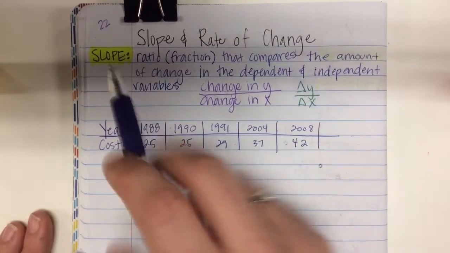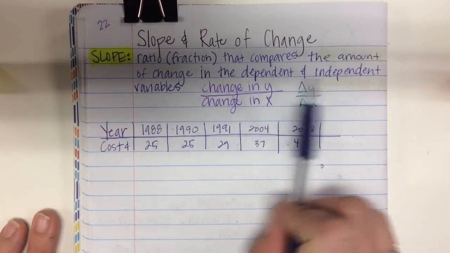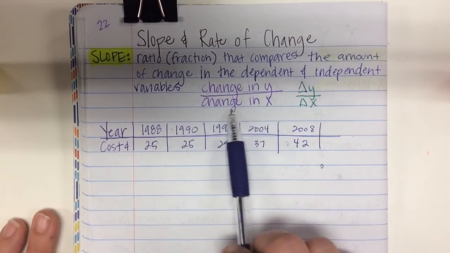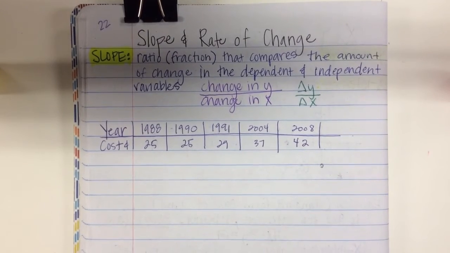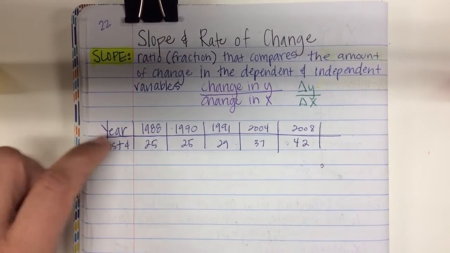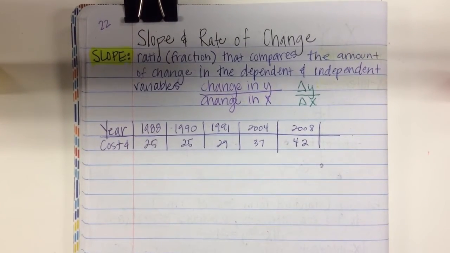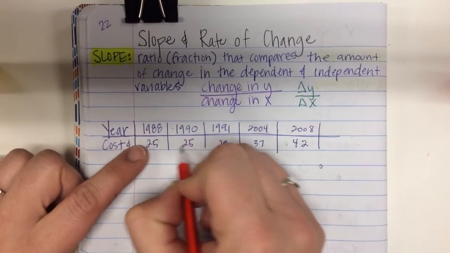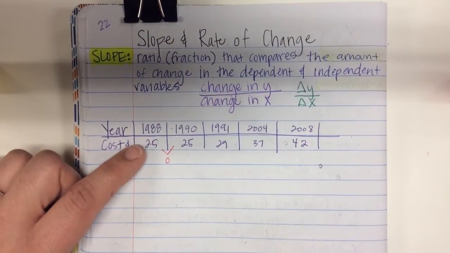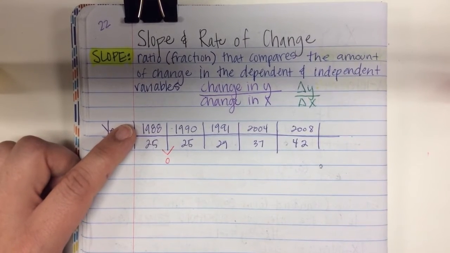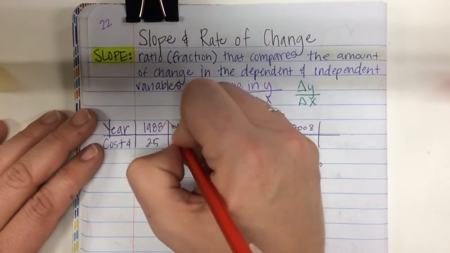We can find the slope, or the ratio that compares the amount of change in the dependent and independent variables. The change in y over the change in x. Delta y over delta x. In any table, the first value is the x value, the second value is the y value. So what's the change from 25 cents to 25 cents? 0. What's the change in the x value from 1988 to 1990? 2.